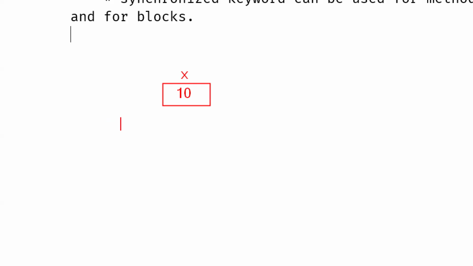There is a method called increment. Increment is a method: X is equal to X plus 1. Now the question is, two threads are executing this instruction at a time.